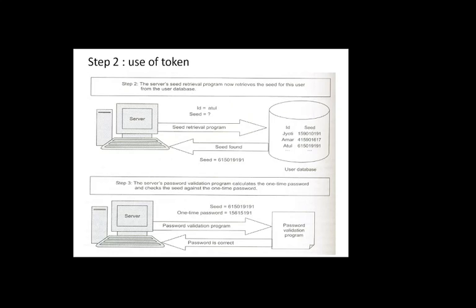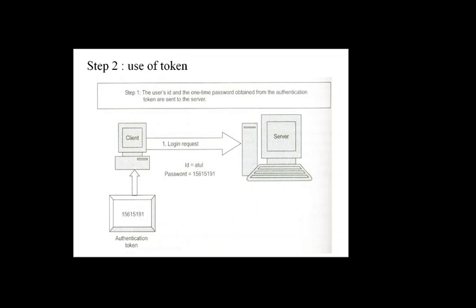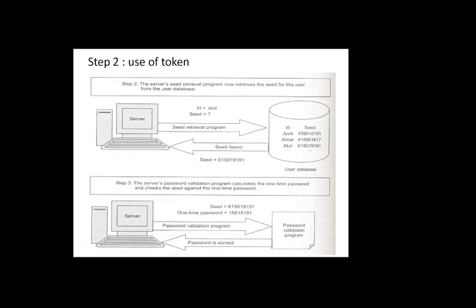Now, whenever the server receives this client information, the ID as well as the one-time passcode generated by the authentication token, it is the duty of the server to go to the seed retrieval program to find the seed value corresponding to the ID Atul.